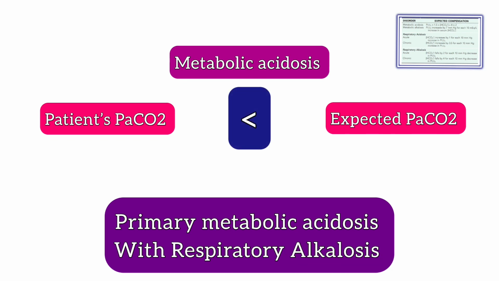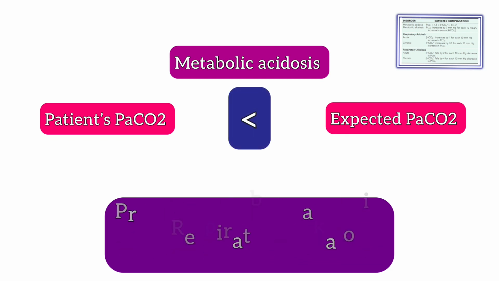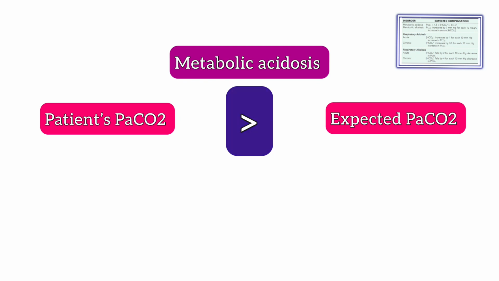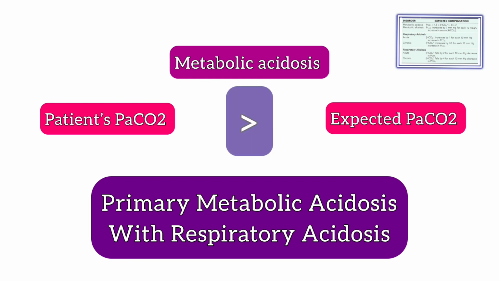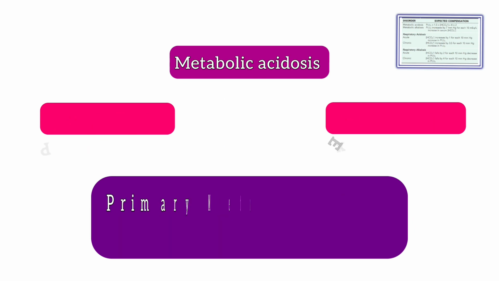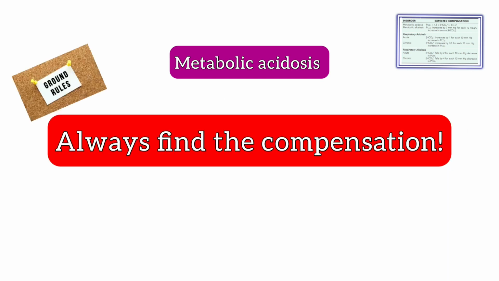So, high means acidosis and low means alkalosis. If the PaCO2 of the patient is more than the expected that we calculated based on these formulas, then it is also a concomitant respiratory acidosis along with the primary metabolic acidosis. So it is useful to find the expected PaCO2 value using this formula.